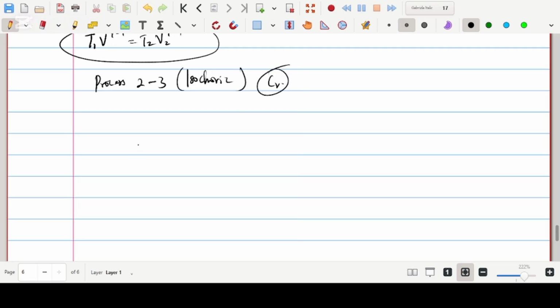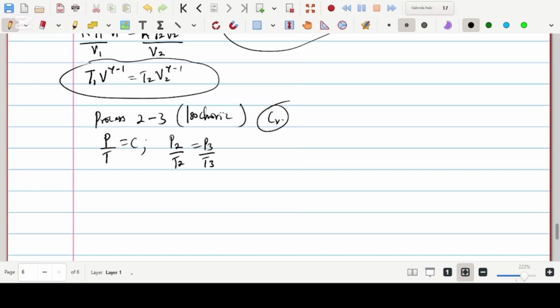Is that taken? So in that case, yes, we will have P over T is equal to constant. So we are going to have P2 over T2 is equal to P3 over T3. You understand now?